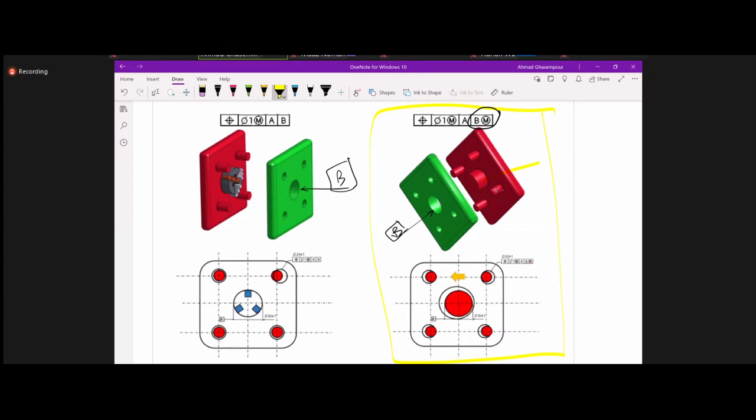So basically, the part might be loose on whatever it is assembled on. If this is the gauge we're checking the part with, you can move it around, and if it fits over the datum and over the 4 pins, it is acceptable.